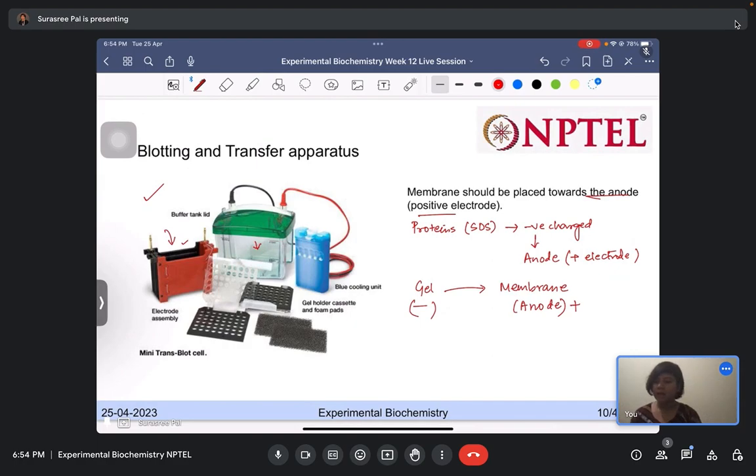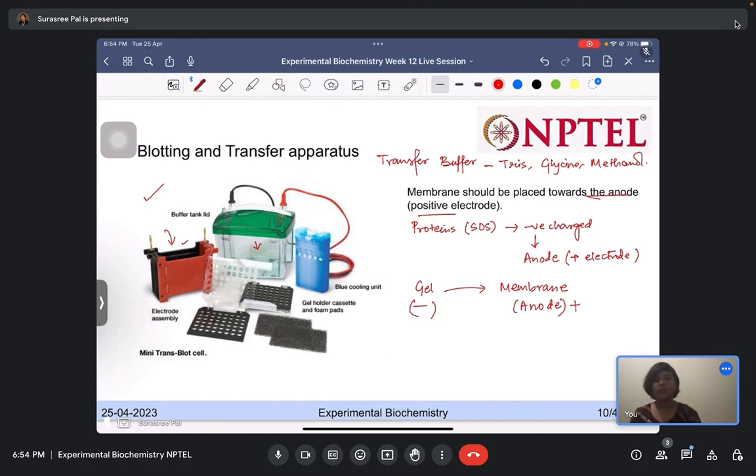membrane. Here we have to use a transfer buffer, whose contents are usually Tris, glycine and methanol.